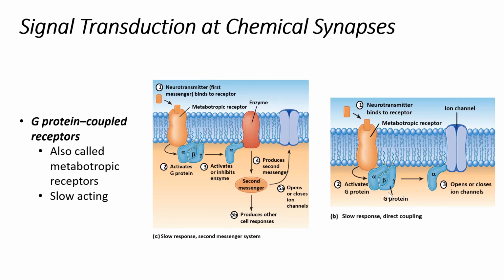We then see a configurational change in that G protein such that the alpha subunit dissociates off, moves down in the membrane, and instead of coming in contact with an amplifier enzyme or other steps in the process, it directly opens up an ion channel, and then we can see ion movement, which will then generate that actual cellular response, okay? So two different models here for the slow response, but they both have the same general idea.